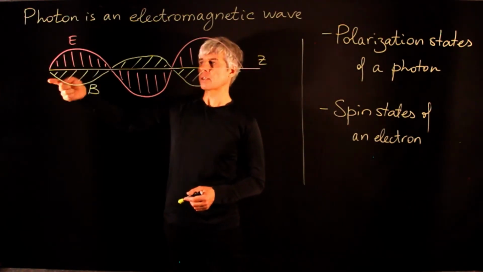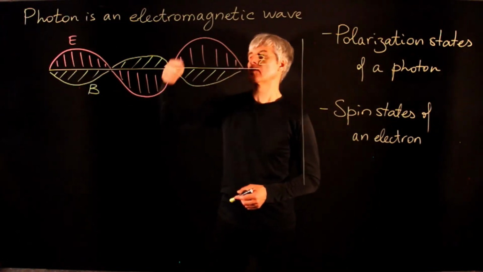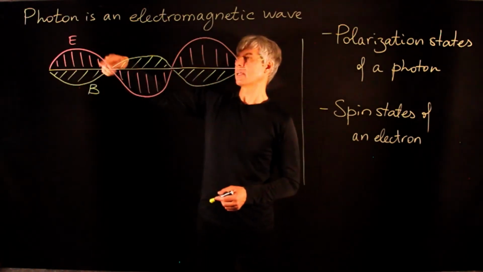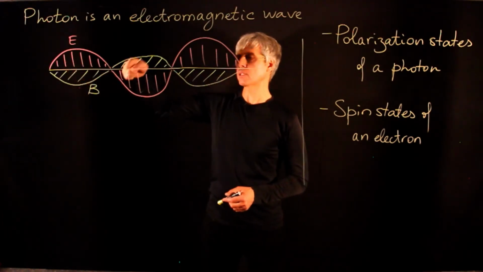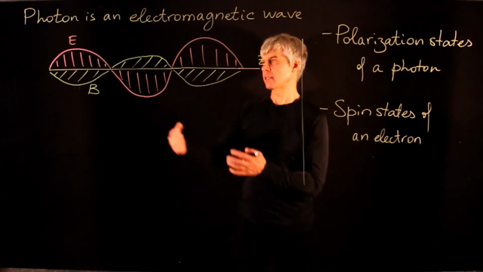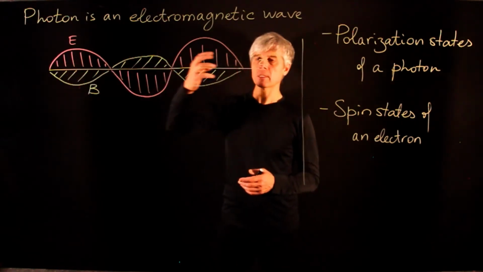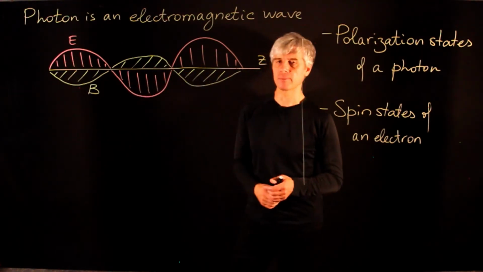Here we can plot this electric field. For example, it could be along the y-axis, and the magnetic field could oscillate along the x-axis. This picture depicts the propagation of this electromagnetic wave.